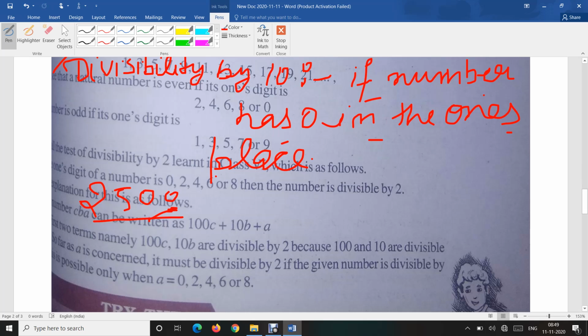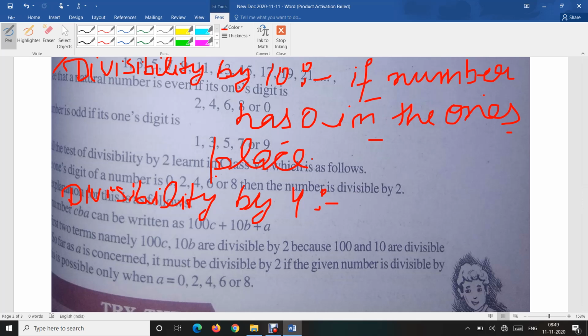Okay, now the next one is divisibility by 4. You have to check whether any particular number is divisible by 4 or not. Then what rule will you apply?